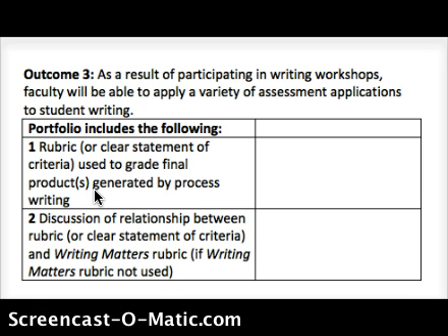What criteria did you use to grade it? Then, if that's not the Writing Matters rubric that you're using, and it really probably shouldn't be the unmodified Writing Matters rubric, then tell us what the relationship is between what you use to grade that paper and the Writing Matters rubric. We'll talk about that in the next video.